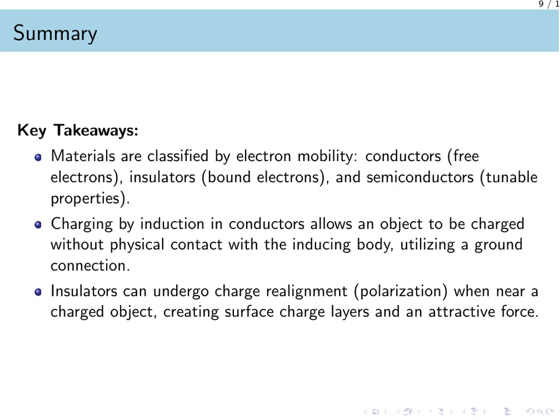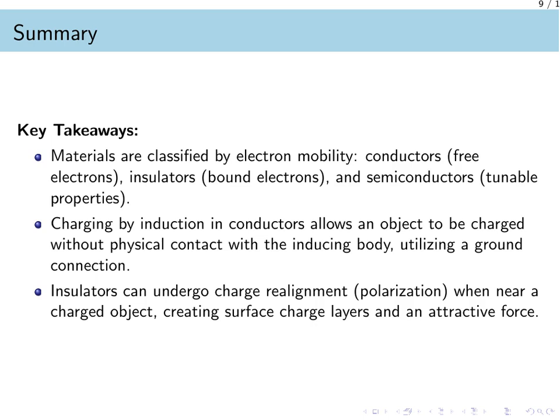To summarize our key takeaways, we classify materials based on their electron mobility. Electrical conductors possess free electrons, insulators contain tightly bound electrons, and semiconductors have tunable electrical properties. We also learned that charging an object by induction in conductors allows the object to acquire a charge without any physical contact with the inducing body, utilizing a temporary ground connection.